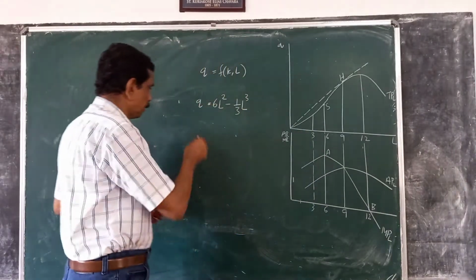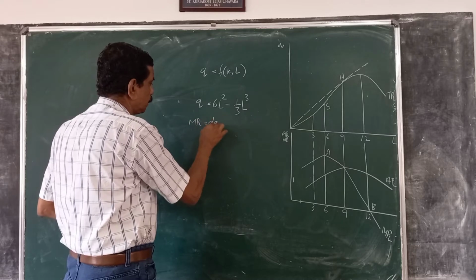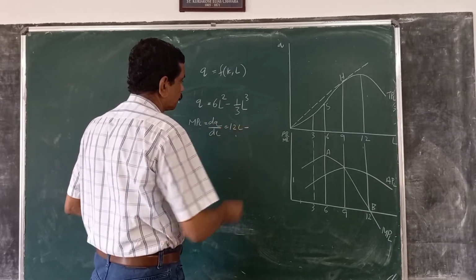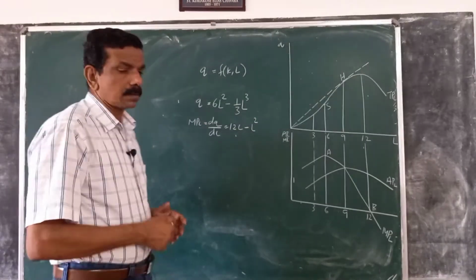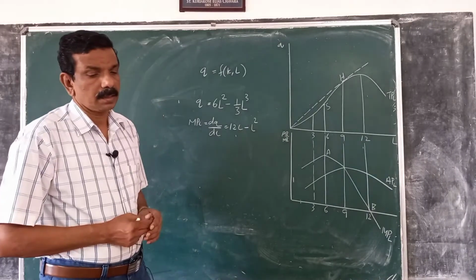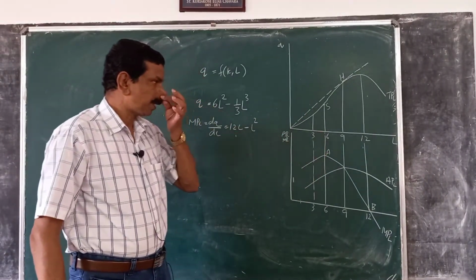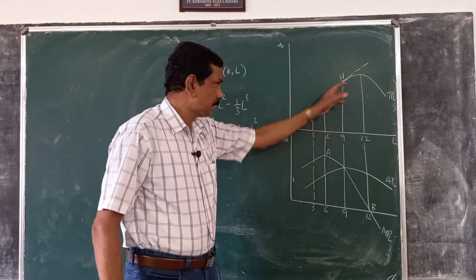Now, what is MPL? MPL is dQ by dL, which is equal to 12L minus L square. Now, this graph represents this production function.